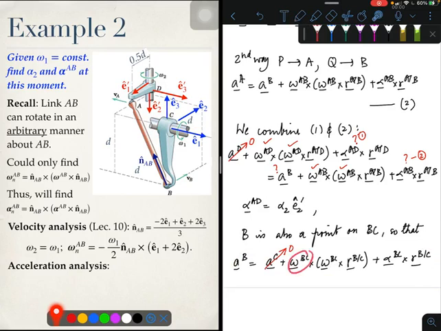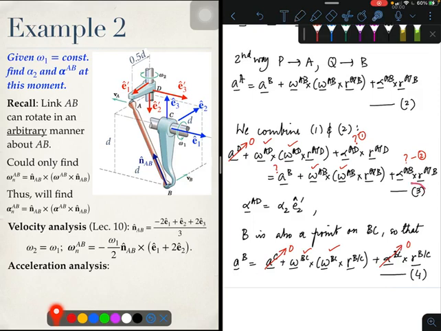Omega BC is given to us, it is omega 1 along E1. Alpha BC is given to be 0 because omega 1 is a constant rate and the direction is also fixed. So therefore alpha BC is 0. Let's call this equation 4, with 3 being the equation which we have written here on the top.